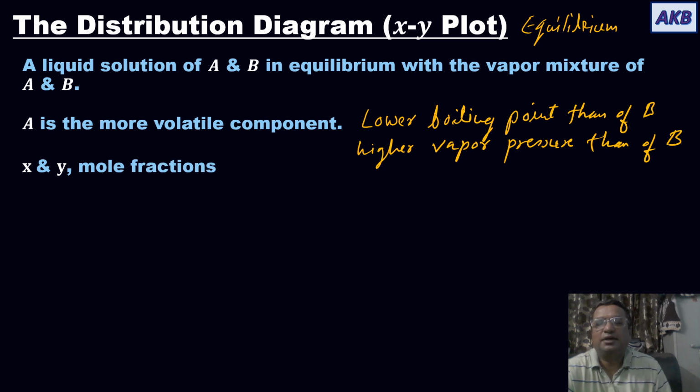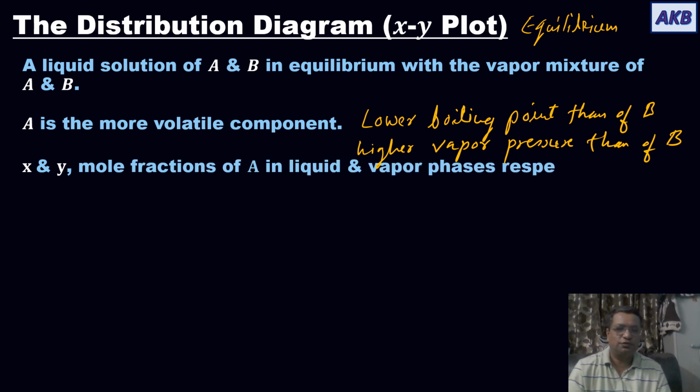X and Y in our discussion, these are mole fractions of A in liquid and vapor phases respectively. X is mole fraction of A in the liquid phase, whereas Y is mole fraction of A in the vapor phase.